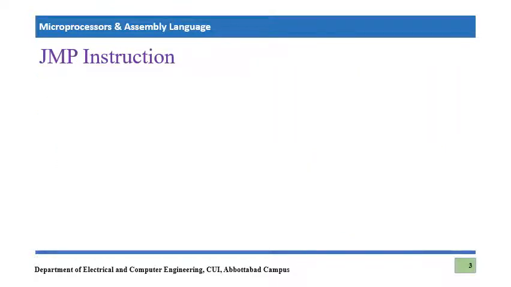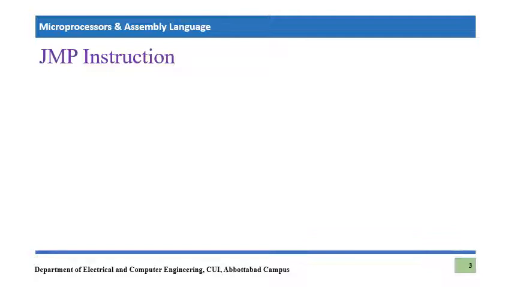Okay, in this slide we are going to discuss the jump instruction, where JMP is its mnemonic. The jump instruction is always considered a very integral instruction whenever one is going to talk about control flow instructions.